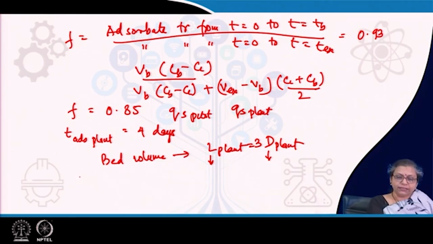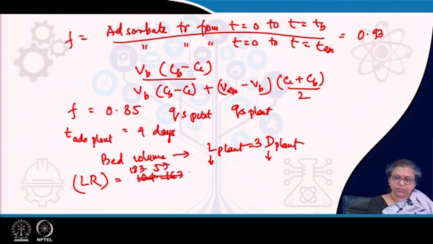Once we have arrived at the dimensions, it was important to check the loading rate in this particular case. We found that the loading rate was around say 104.167 liters per minute. No, sorry, not 104, it was 183.57 liters per minute per meter square, which is again within the permissible limits.